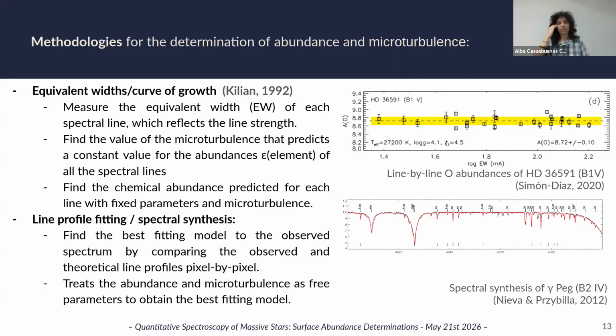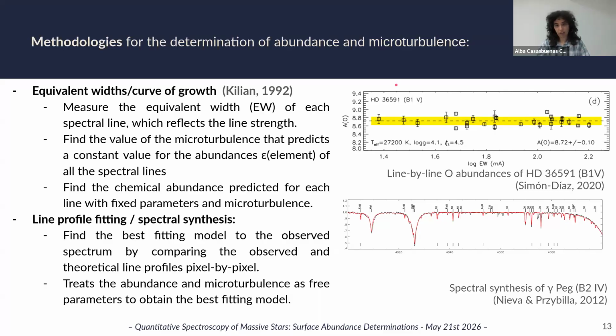The first method is the equivalent width method, or the curve of growth method, which consists of measuring the equivalent width of each spectral line, which reflects the strength of the line, and finding, like we said before, the value of the microturbulence that predicts a constant value for the abundances of all of the lines. And with it, we can find the chemical abundance that is predicted for each line with fixed parameters and microturbulence.